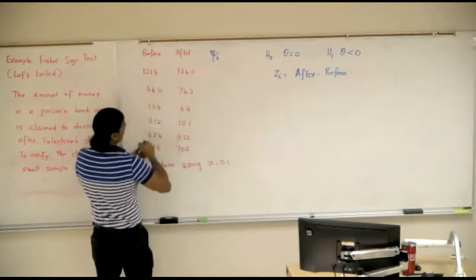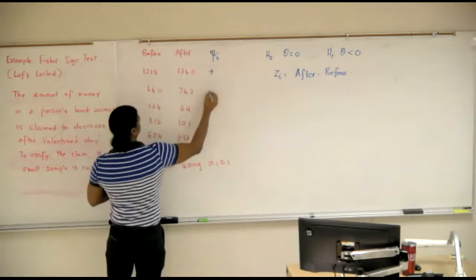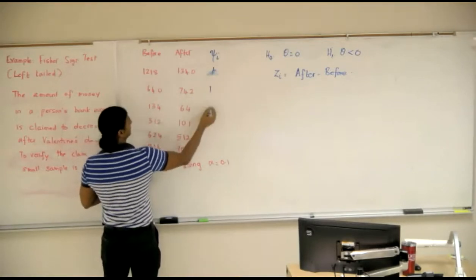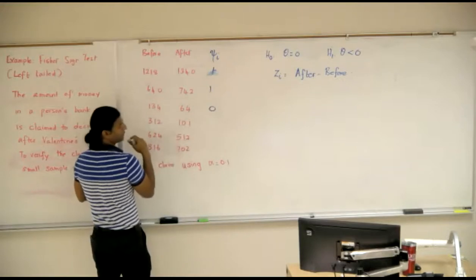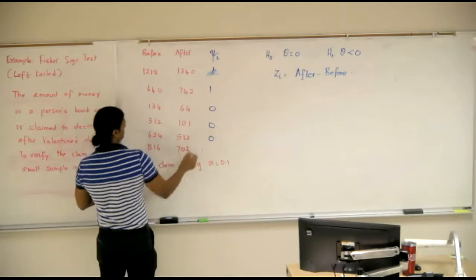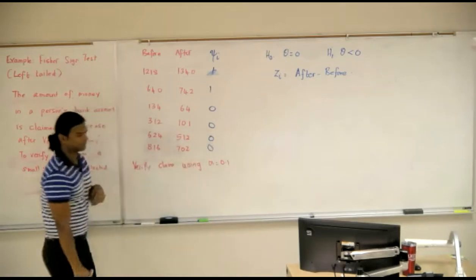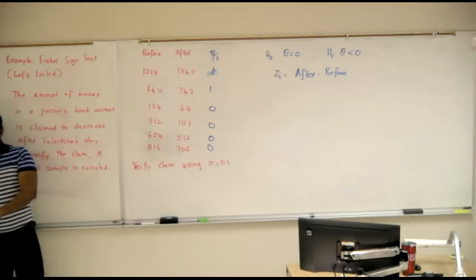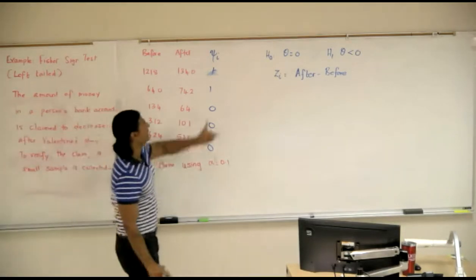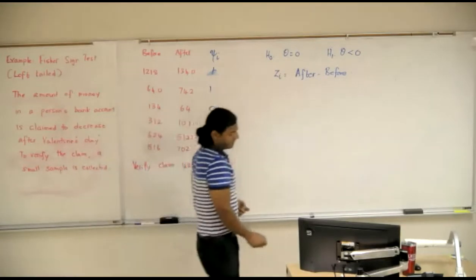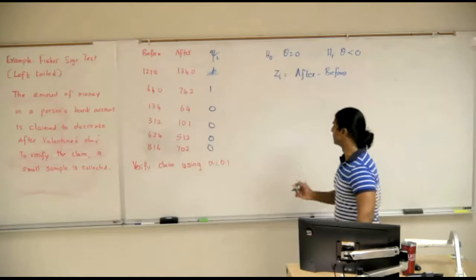After minus before, I don't care what value that is, positive or negative. If this were a Wilcoxon signed rank test, the magnitude would matter to me. Since this is a Fisher sign test, it doesn't matter at all.